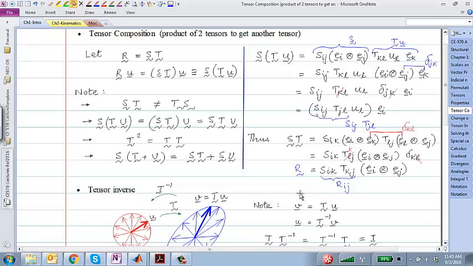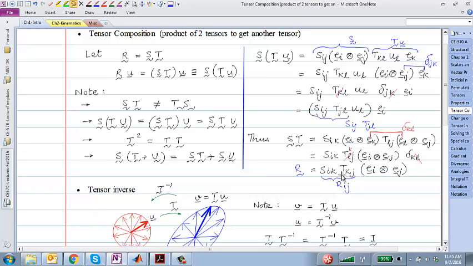That's just listing out the 9 components of that tensor R, where each of those 9 components are obtained by a matrix multiplication of the components of S and T. Okay. That's what tensor composition is, and essentially in terms of components, we are representing that with matrix multiplication.